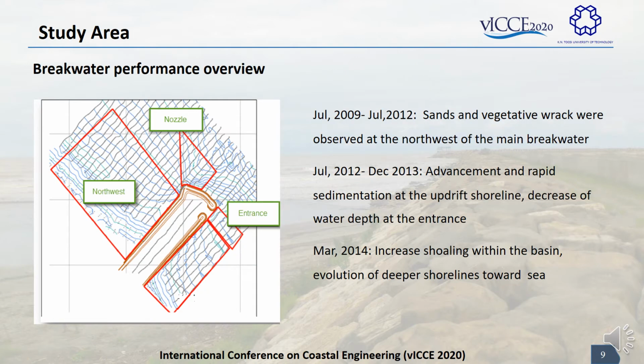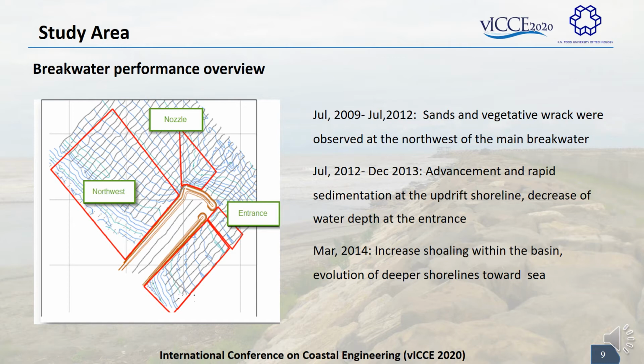Breakwater performance shows that in the first 3 years sand and vegetative wrack were observed at the northwest of the main breakwater, and then from July 2012 to December 2013 advancement and rapid LST at the updrift shorelines and decrease of water depths at the entrance occurred.